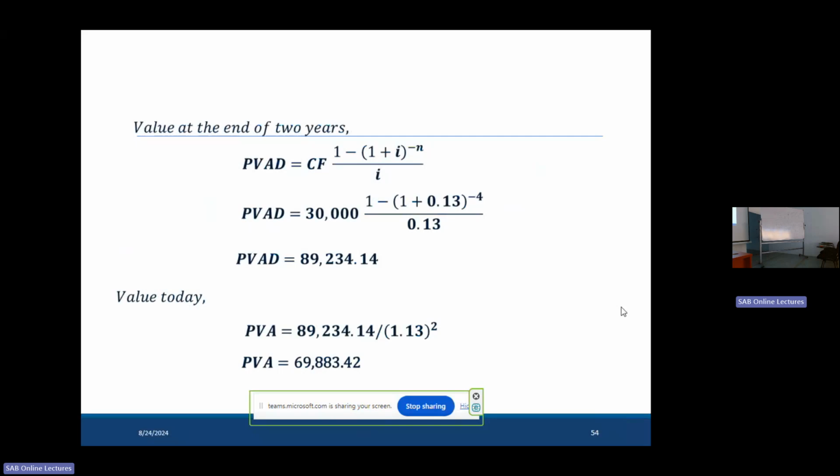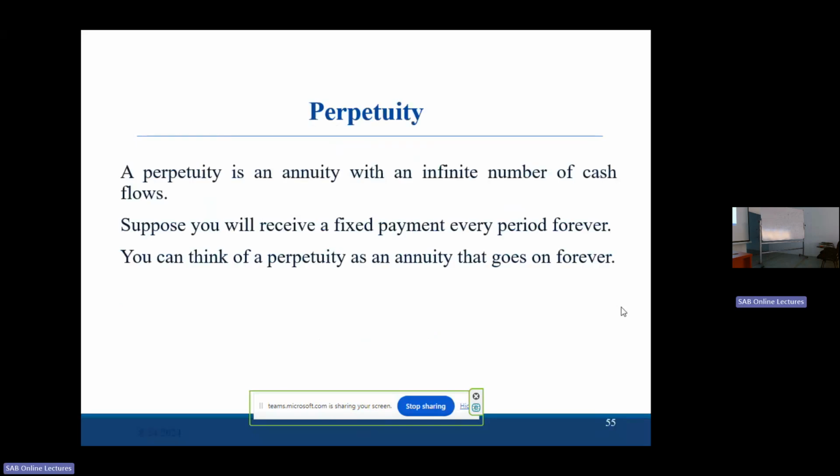Any question? Right. So now we are going to the perpetuity. So that is easy. You know what is perpetuity? Perpetuity is an annuity that goes forever. It is an annuity with an indefinite period.